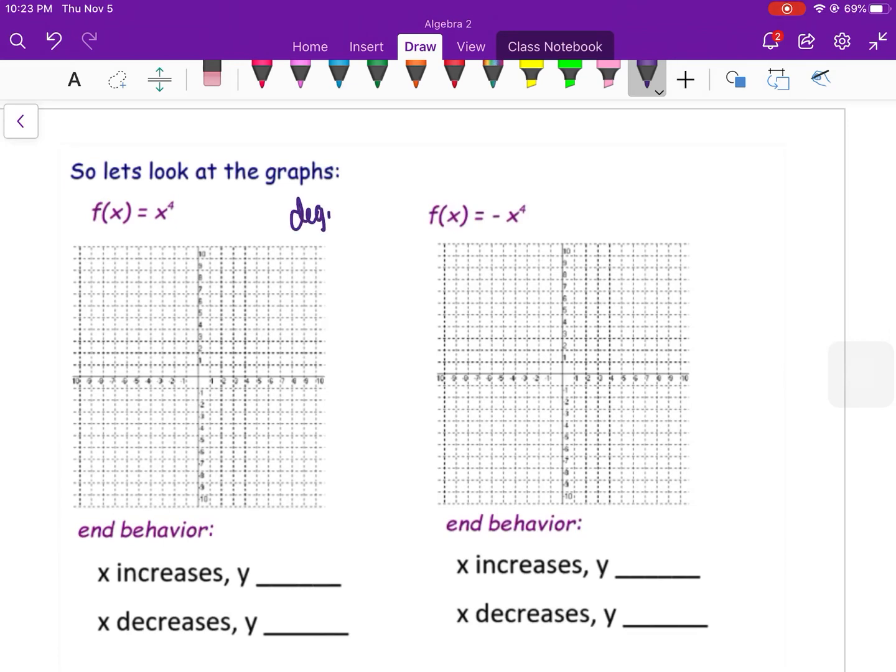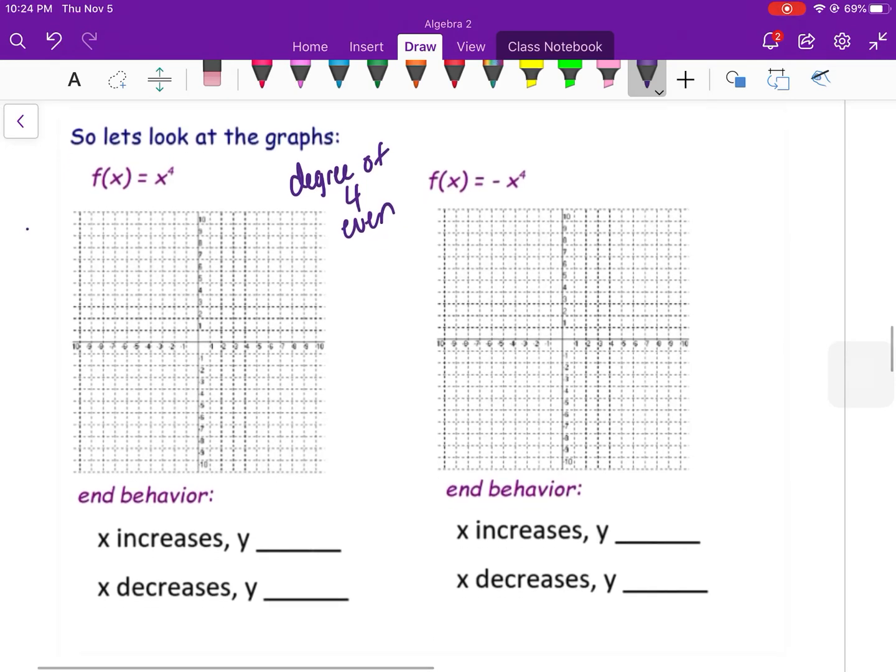And the last one we'll look at is another degree of 4. So it is an even function, so I would expect it to have similar end behavior to our other even function, which was x squared. So we're just going to do a standard negative 2, negative 1, 0, 1, 2, so we can get an idea of what this would look like.